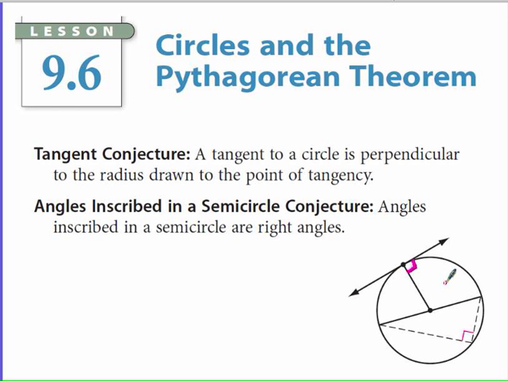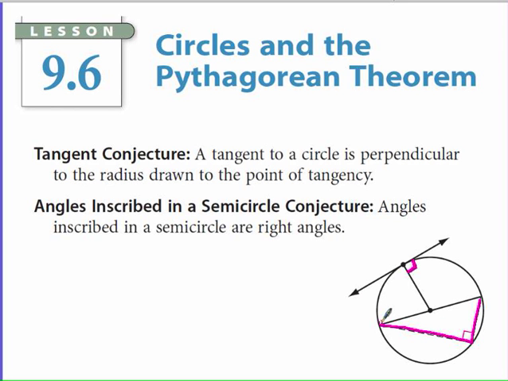And then we also have the following, angles inscribed in a semicircle conjecture. Basically, angles inscribed in a semicircle are right angles. Now remember, for it to be inscribed, this is what we're talking about.